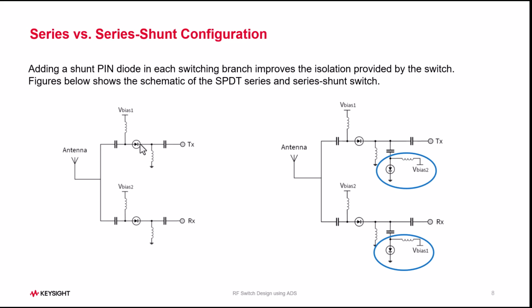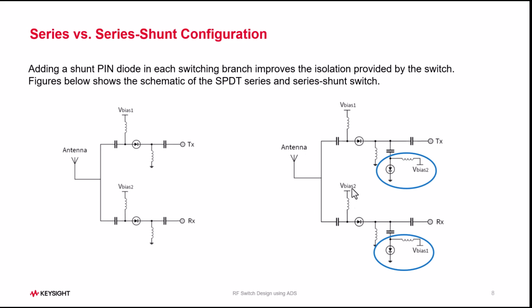However, every diode, when put into reverse bias, can only offer a certain amount of attenuation or isolation. What if you need to increase the isolation? Well, in that case, you can also employ a diode in shunt configuration to the path, and then by controlling the bias supply, you can make it reverse biased or forward biased depending on the mode of operation.